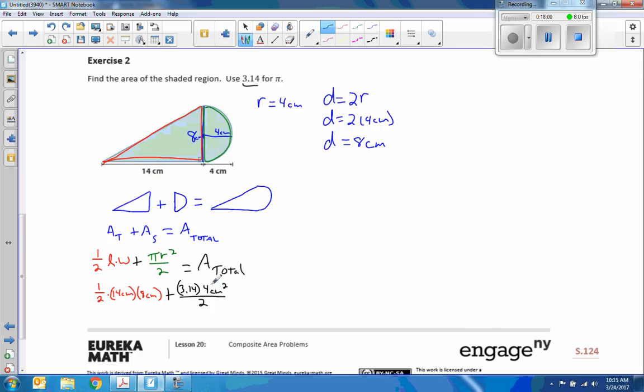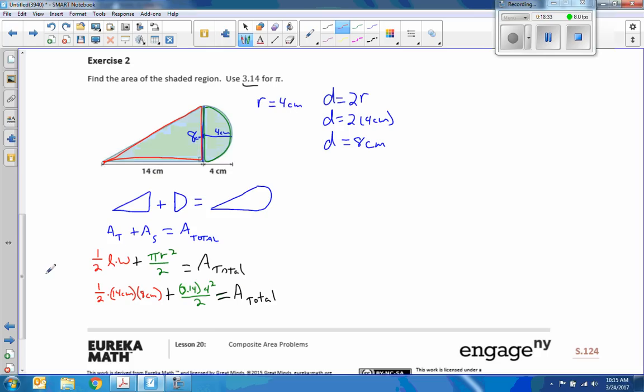Why did I use black? I have no idea. Let me do that again in green. So it's going to be 3.14 times the radius, 4 squared, divided by 2. And that is going to equal area total. So I've substituted everything in.